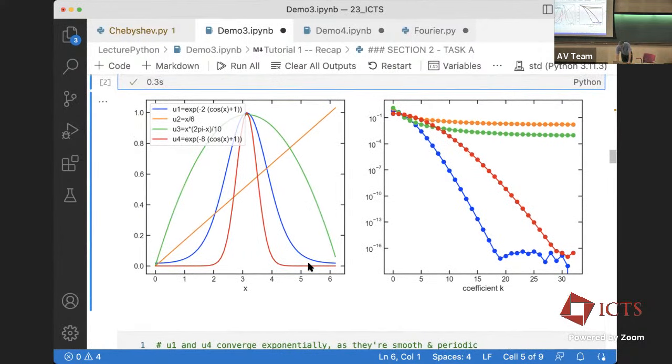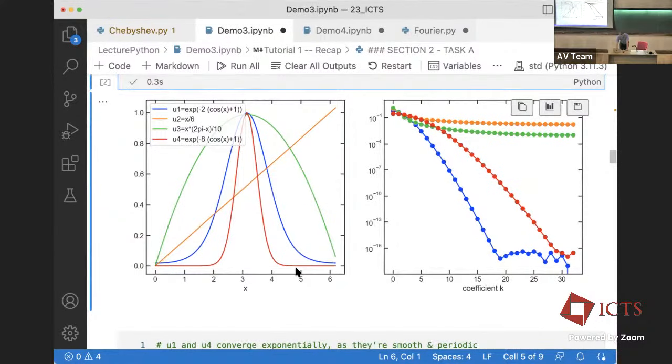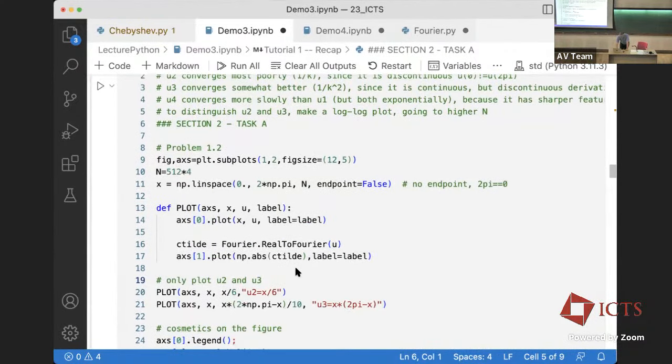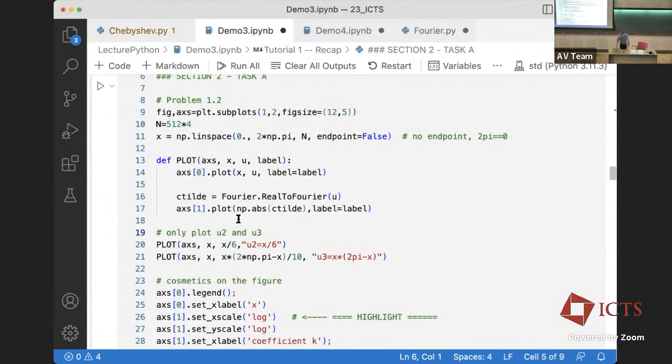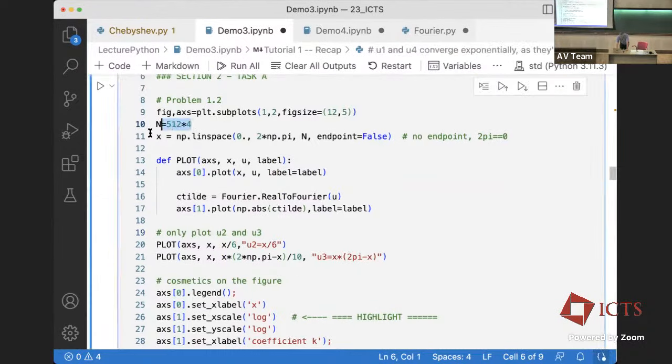Let's first get these awful curves up here a little bit out of the way. And let's repeat the same plot, except that I'm going to way higher resolution, 2000 points instead of 64 points. And that I'm now using a log scale on the right plot.